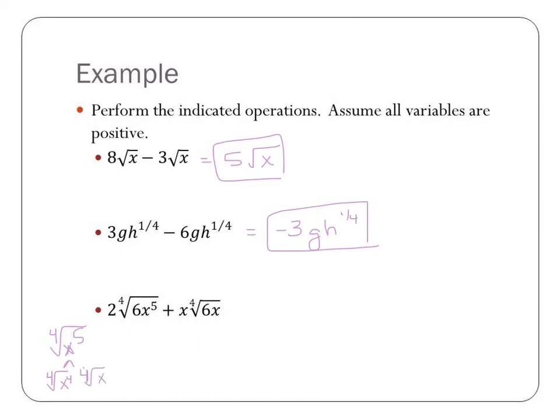Because there's all 5 x's accounted for. This first one comes out front as an x, so this is 2x, fourth root of 6x, plus x, fourth root of 6x. Or add those together, you're going to have 3x, fourth root of 6x.